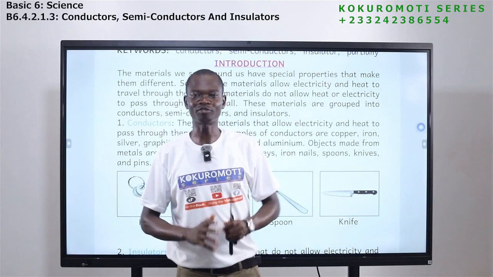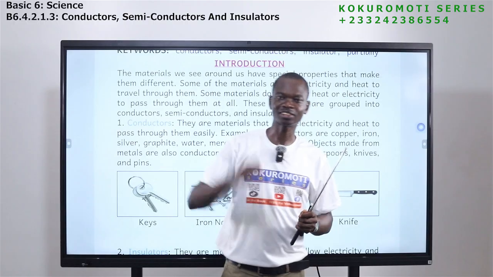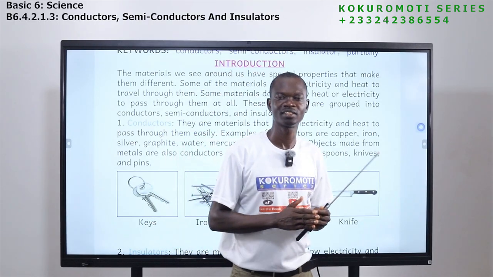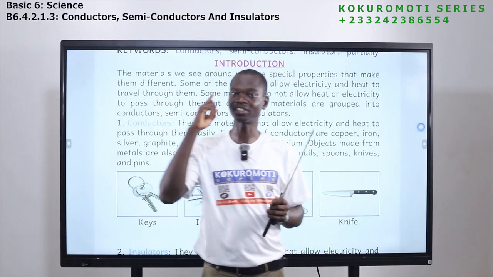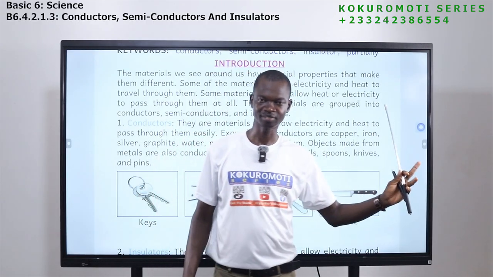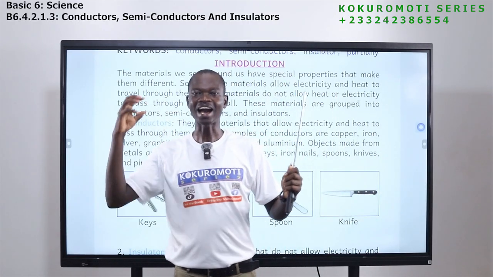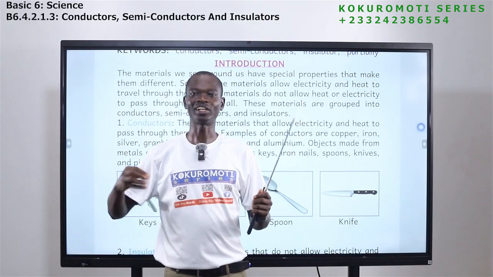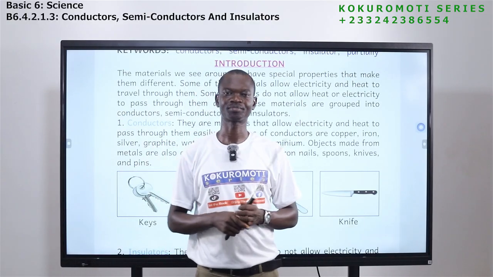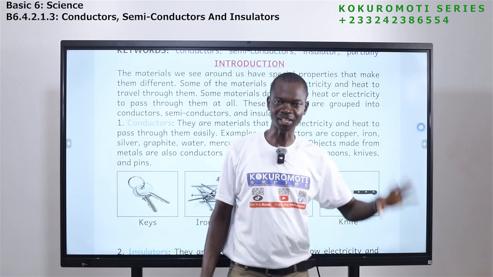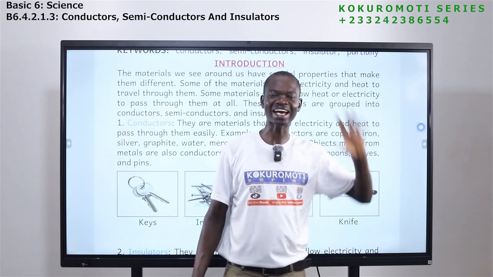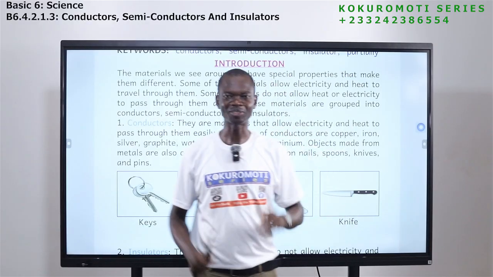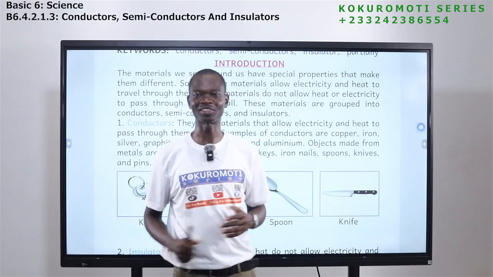There is another group of materials. We call them semiconductors. So we have seen conductors and insulators. The conductors are the materials that allow heat or electricity to pass through them. Insulators are materials that do not allow heat or electricity to pass through them. Now, what about semiconductors?